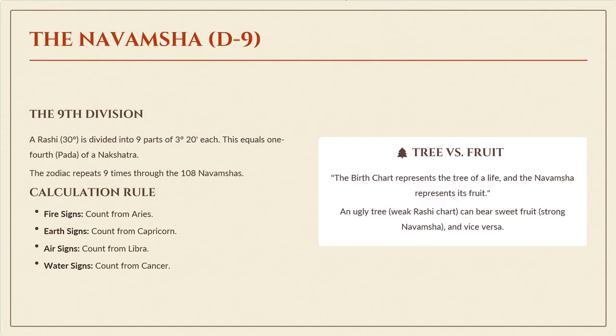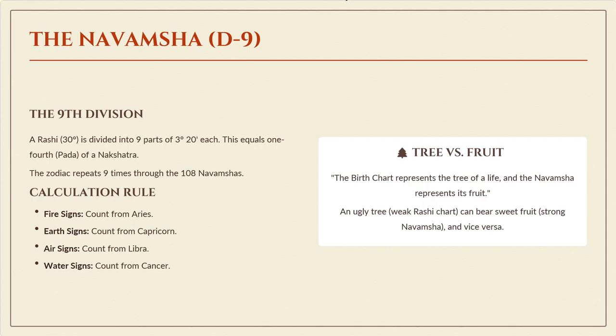That means it takes on average 2 hours for one Rashi to cross the eastern horizon. So whoever is born within those 2 hours will have the same ascendant, and all the planets will be in the same Rashis, so their D1 chart will be the same.